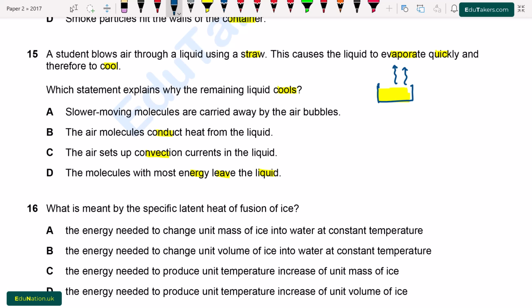When there are only low energy molecules on the surface, as a result the temperature decreases, due to which the liquid cools down. So the reason behind the liquid cooling down is that the molecules with most energy leave the liquid. From here, option D is correct.